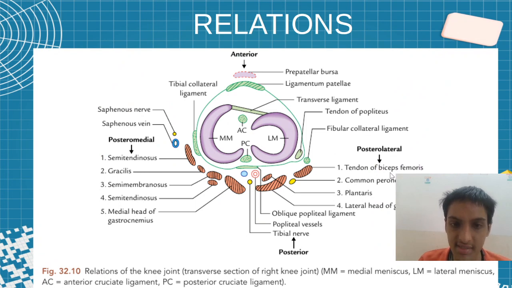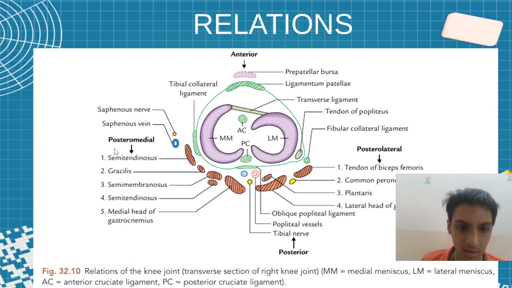Now the relations, let us see. We have anterior, posteromedial, lateral and posterior. Anteriorly we are finding the prepatellar bursa and the ligamentum patellae. We will also find the transverse ligament, the menisci, and the cruciate ligaments.